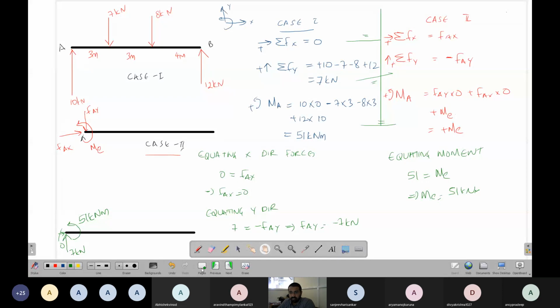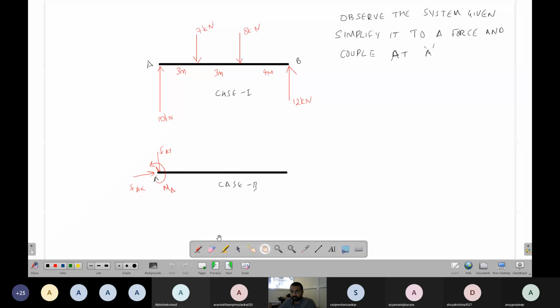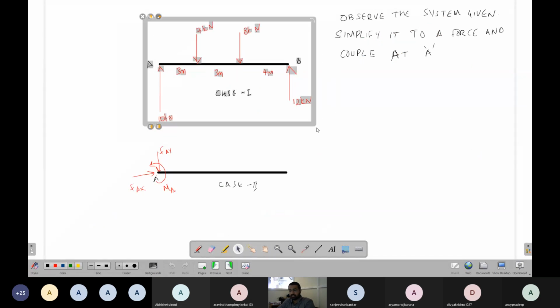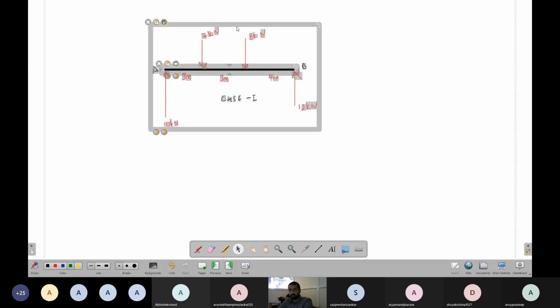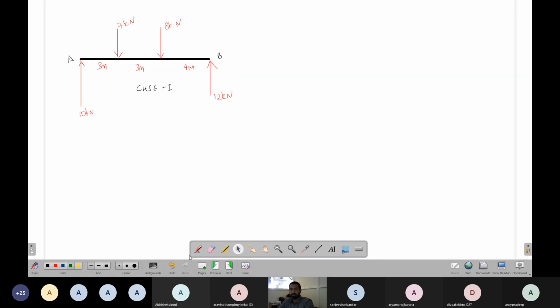Now, if you have forces in inclined direction, that also I'll tell. Let's say one force is in this direction, at some angle theta.